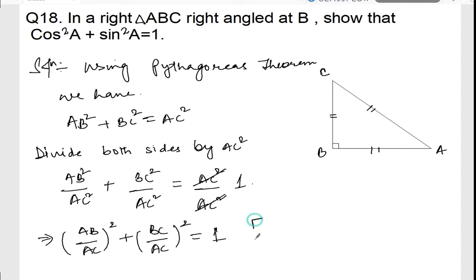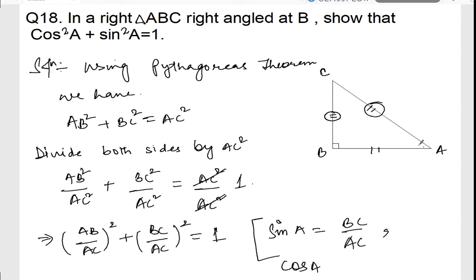What do we know? Sine of A is opposite by hypotenuse, that is BC by AC. And cos of A is base by hypotenuse, AB by AC.